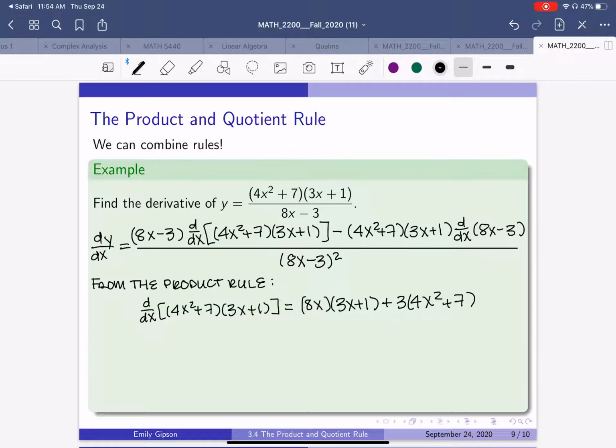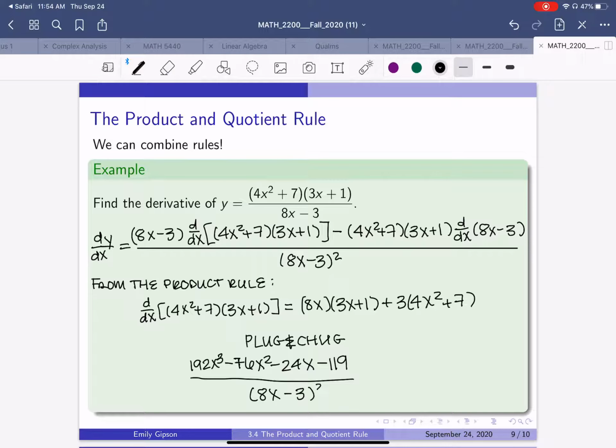So then you're going to plug and chug to get your final answer, which you can go ahead and check. I'm not going to show you all the algebraic steps to get here, but it's 192x cubed minus 76x squared minus 24x minus 119 all over 8x minus 3 quantity squared.